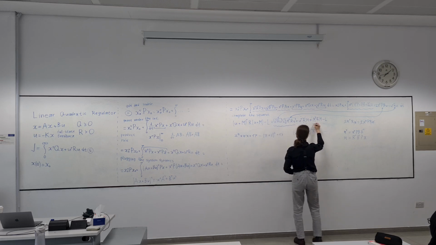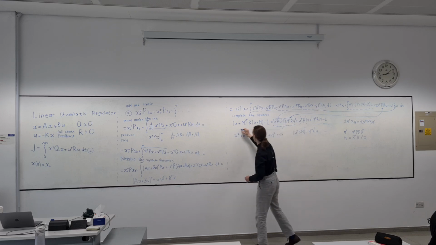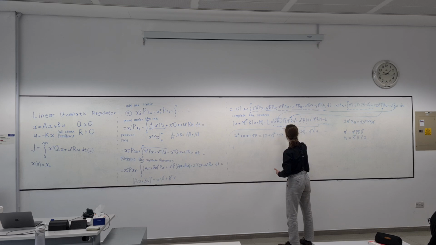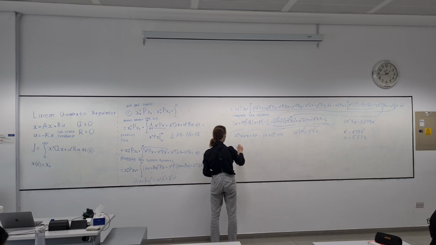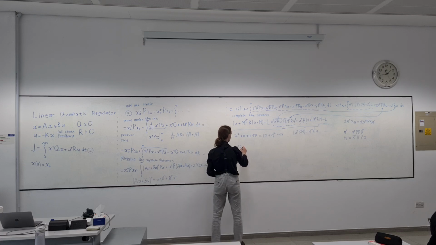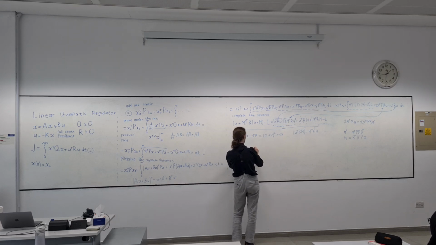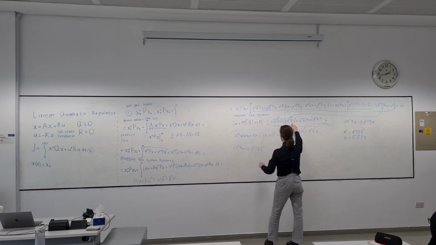These things I'm going to write them here, plugging M into them. And it will be U transpose R U plus 2M transpose, which is over there, X transpose B R inverse, then RU.